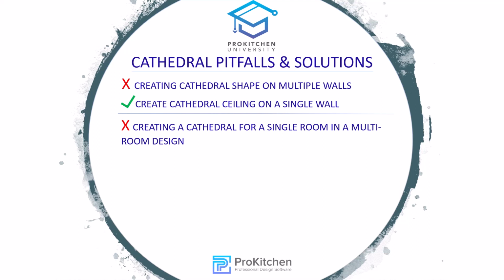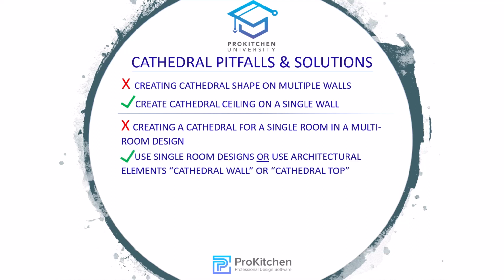In this case, it may be best to separate your multi-room design into individual room design files and create the cathedral ceiling for the single room, or utilize the architectural element cathedral wall or cathedral top as covered in the Additional Architectural Elements video tutorial.